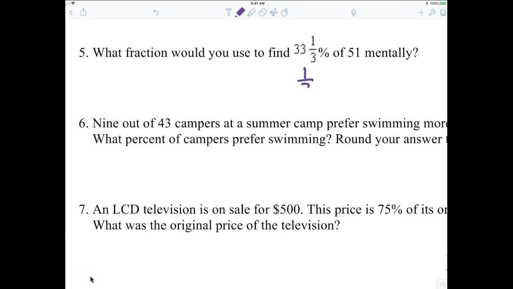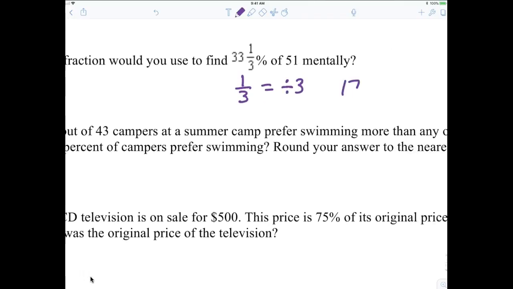You would say, I'm going to use 1/3. Now, 1/3 also means what mathematical operation? Divide by 3. Thank you. 1/3 is the same as divided by 3. All right? So for us, we could just say 51 divided by 3, of course, is 17.